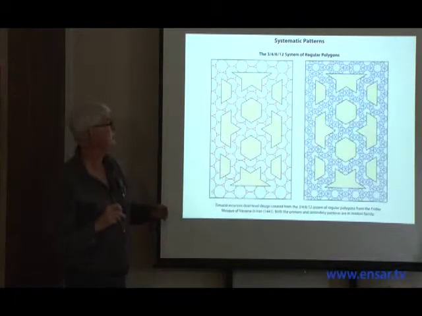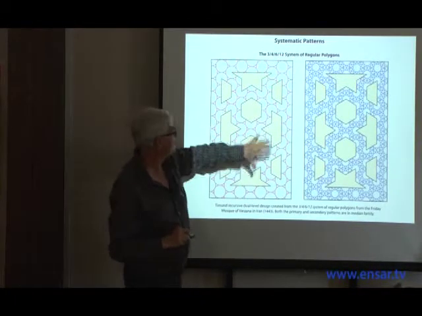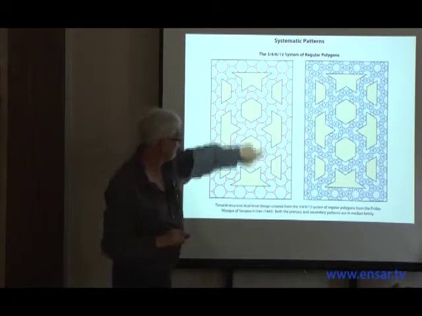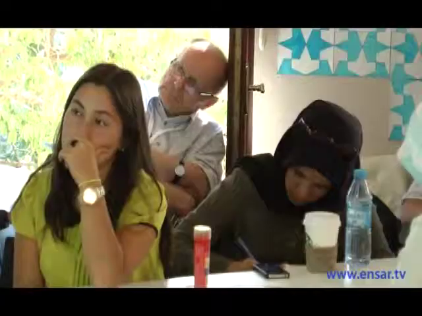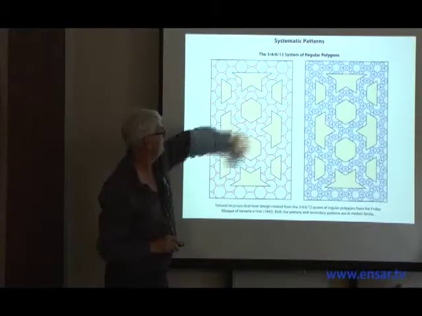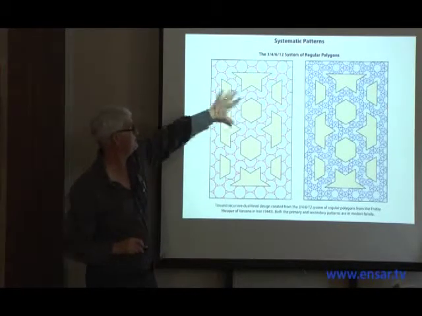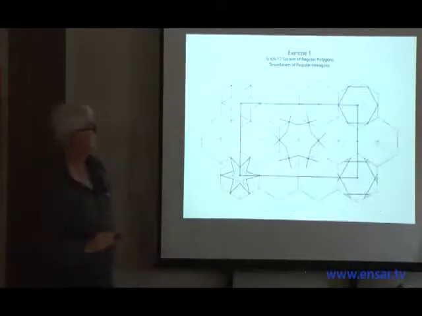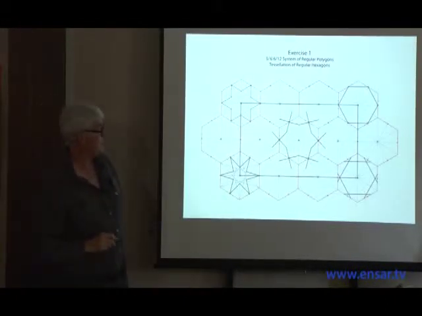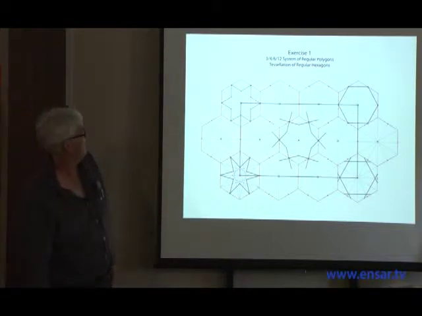By that I mean that the elements that make up the primary pattern, here a very bold six-fold pattern, these are the backgrounds, of course, and then you're infilling the background area with elements from the same system that makes this. So you're using the same elements from the same system, but at a reduced scale, and then ending up with another pattern. So here's the first exercise I'd like to ask you to attend to, if you could.